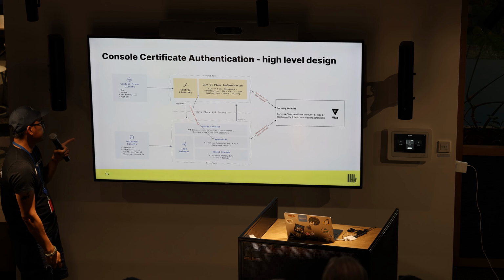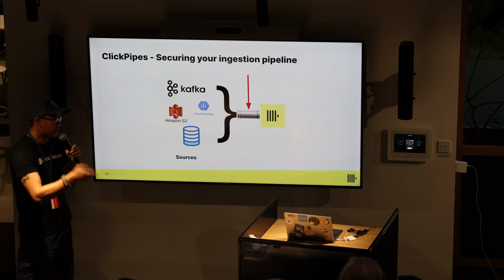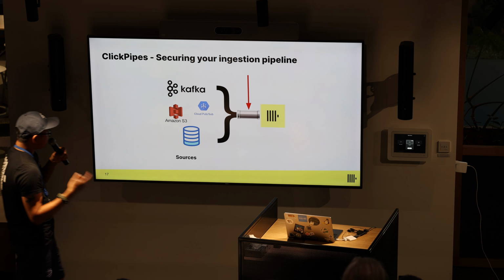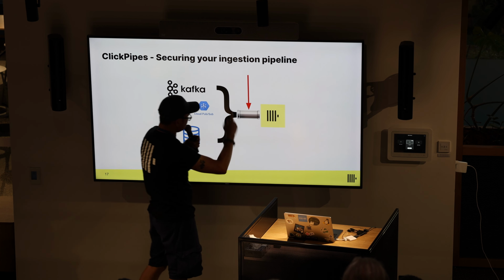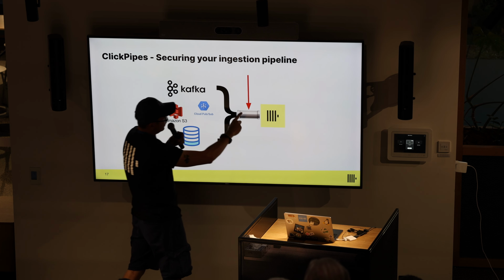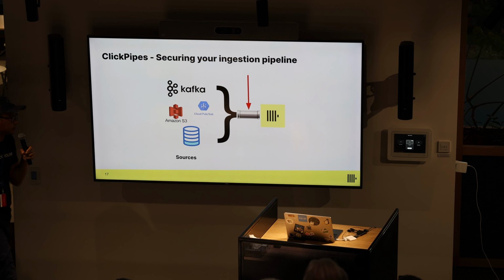Cool. So this is a great segue into how we secure ClickPipes, which is used by many other teams at the moment. We have many sources of data coming into ClickPipes and then going into ClickHouse. And the way ClickPipes authenticates with ClickHouse is via certificate authentication.